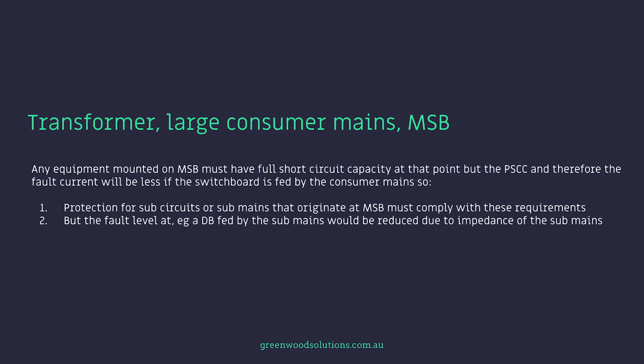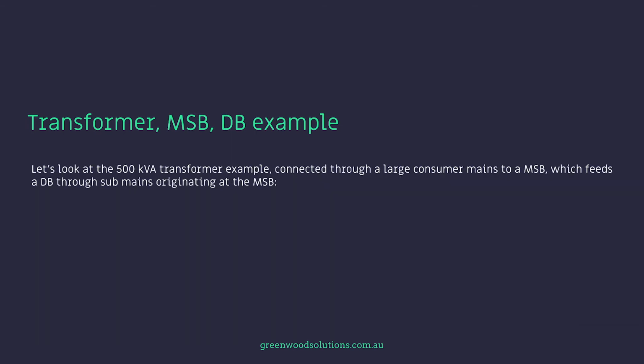But the fault level at, for example, a distribution board fed by the sub-mains will be reduced due to the impedance of the sub-mains itself. Let's look at the 500 kVA transformer example, connected through a large consumer mains to an MSB, which feeds a DB through a sub-mains originating at that MSB. We know that the PSCC for the 500 kVA transformer is 14,450 amps, and we've done the calcs.